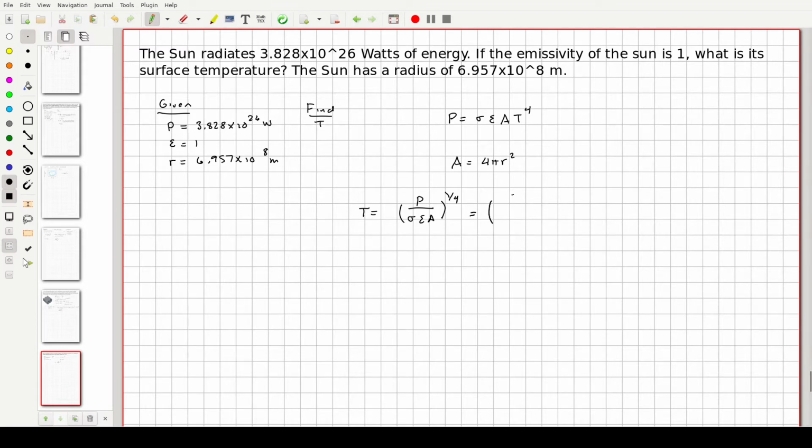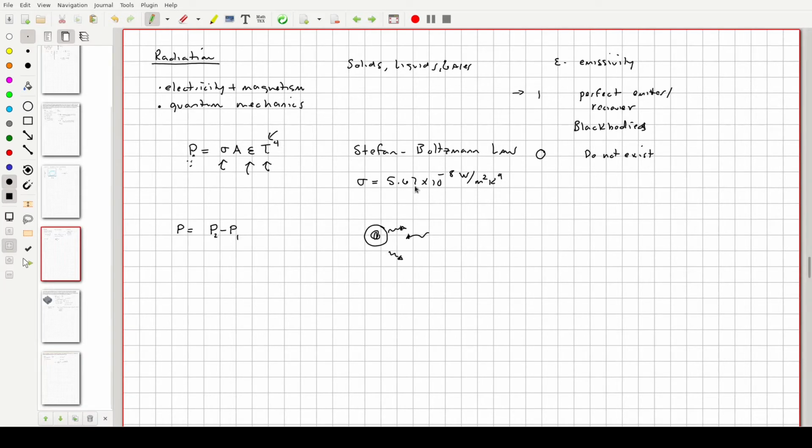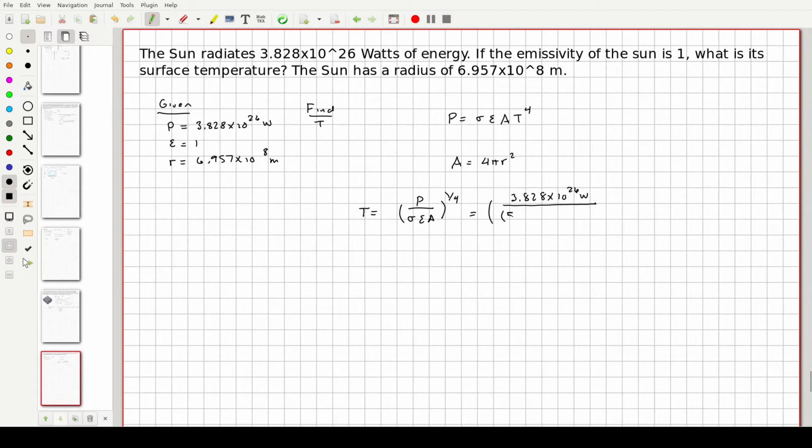So that's 3.828 times 10 to the 26 watts divided by sigma, which again is 5.67 times 10 to the minus 8th watts per meter squared Kelvin to the 4th.